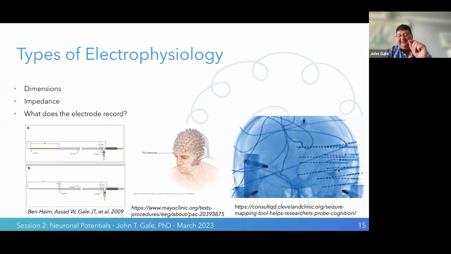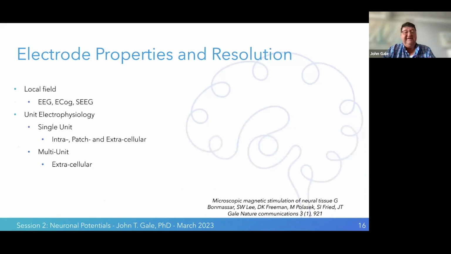We're closer to the population. We're listening to the cafeteria here, and we're listening to the individuals at the tables here. It requires different dimensions of the contacts and different impedances. The impedances on these macros are far lower than they are on the micro. So examples of local fields are EEG, ECoG, and SEEG, with single unit physiology with single unit.